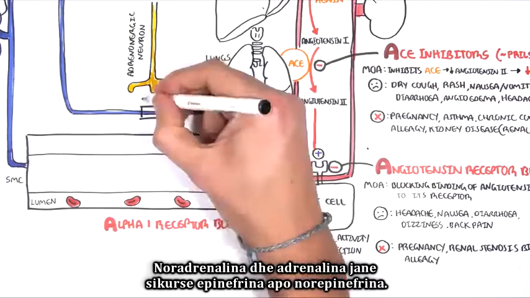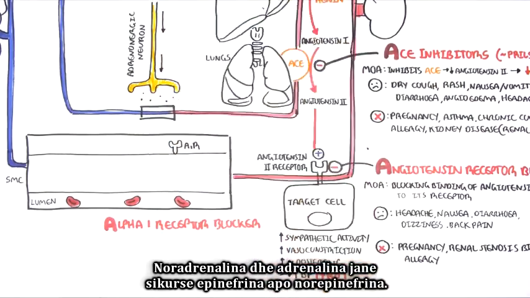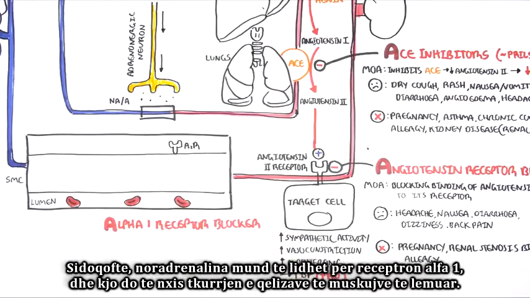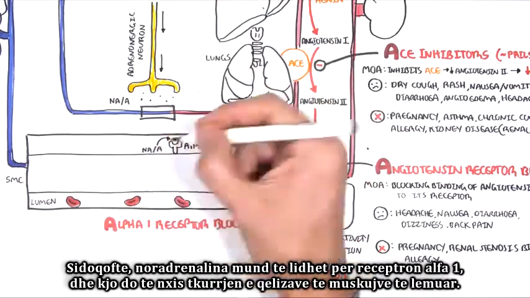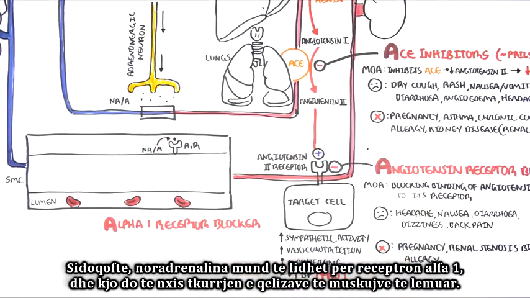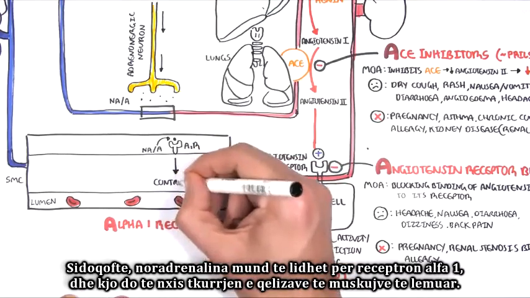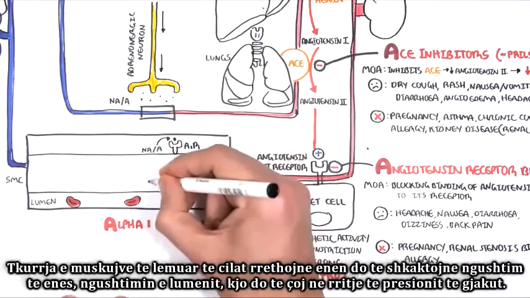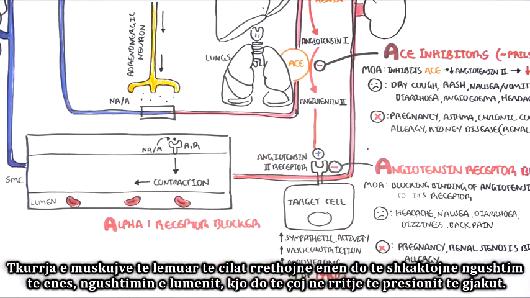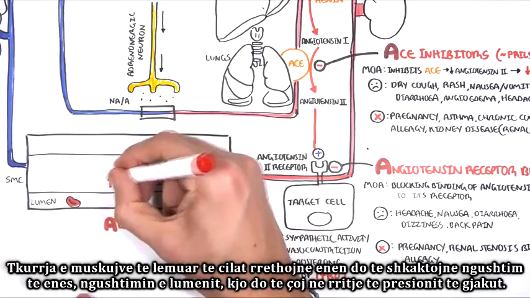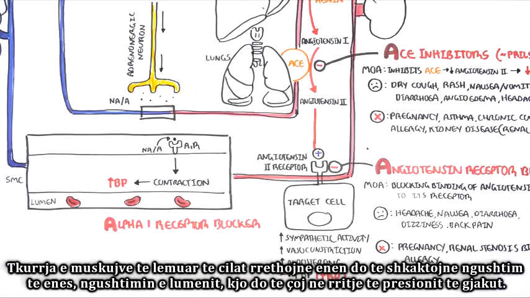Noradrenaline and adrenaline are the same thing as epinephrine and norepinephrine. Noradrenaline can bind to the alpha-1 receptor, and this will stimulate contraction of the smooth muscle cells, which narrows the lumen and leads to an increase in blood pressure.